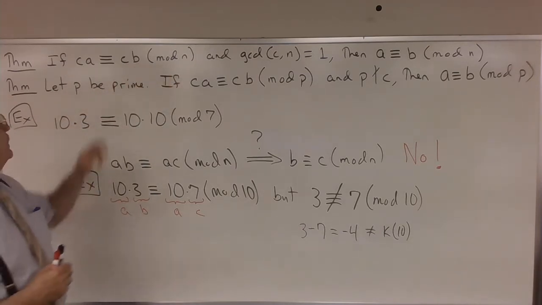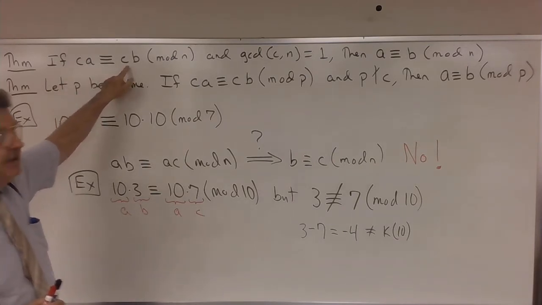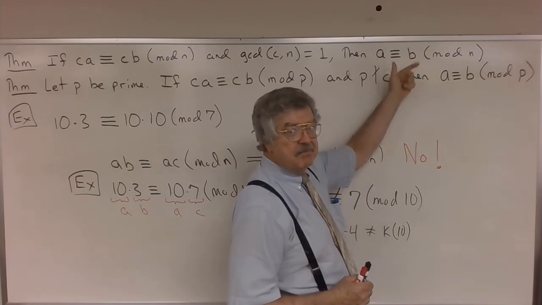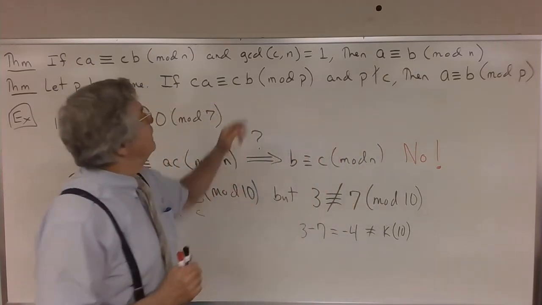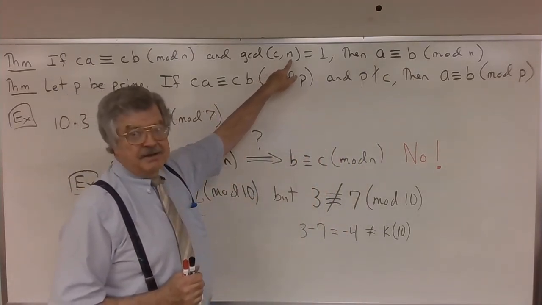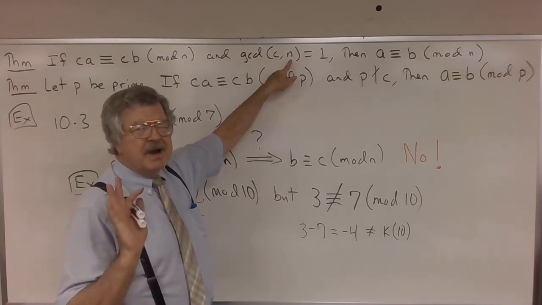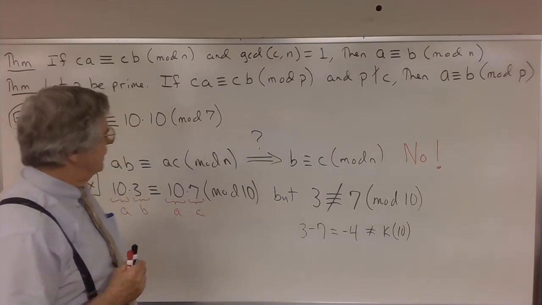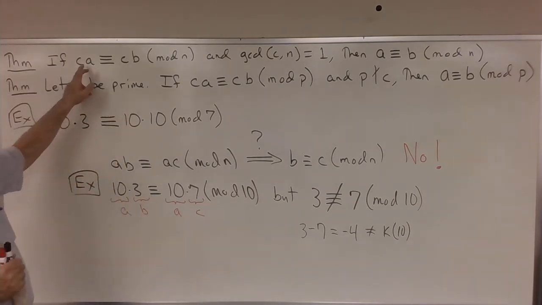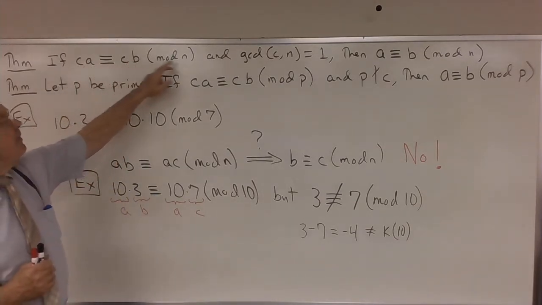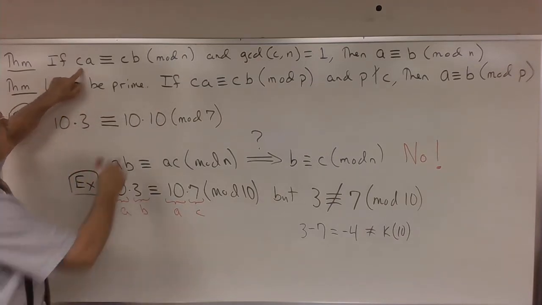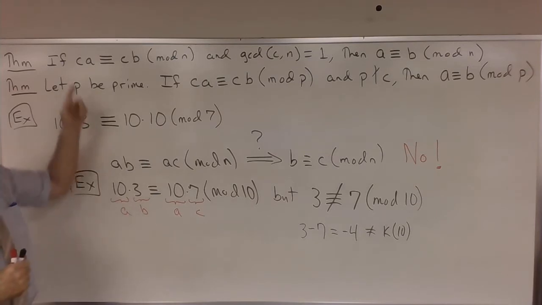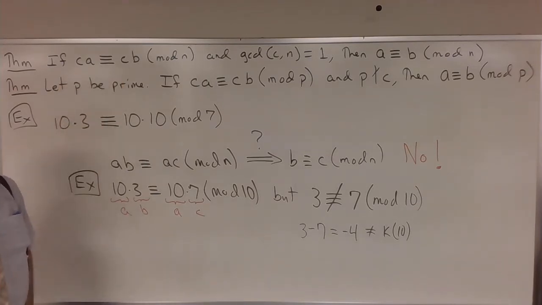And apparently we can cancel the C's from both sides and still have a congruence modulo n if C and n are relatively prime. They have no common divisors other than 1. So if CA is congruent to CB mod n, and C and n are relatively prime, we can cancel the C's from both sides.